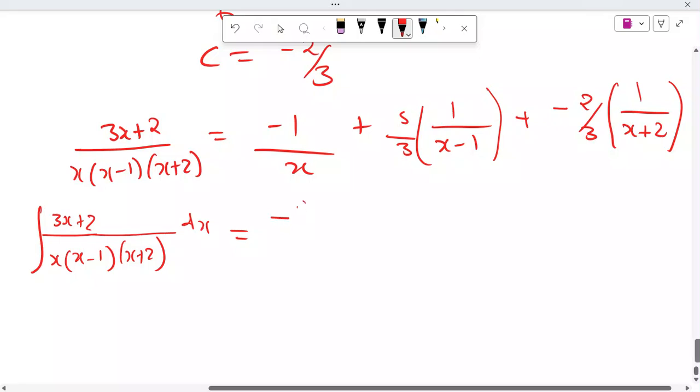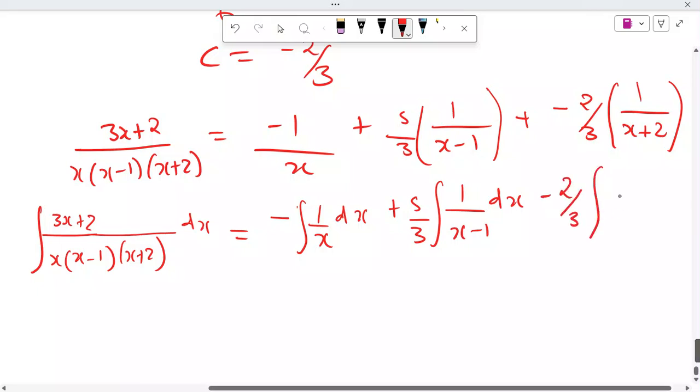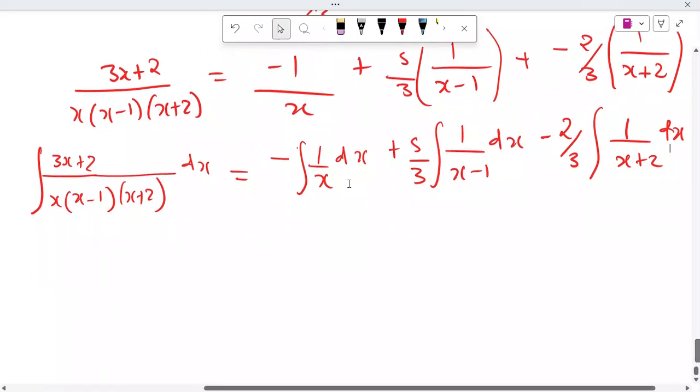Negative can come out, so 1 over x dx, this is a constant so it can come out, plus 5 over 3 integrating 1 over x minus 1 dx, and negative 2 over 3 can also come out, integrating 1 over x plus 2 dx. This one is pretty easy because this is linear, and the integral of 1 over a linear function is ln of that function. Simple.